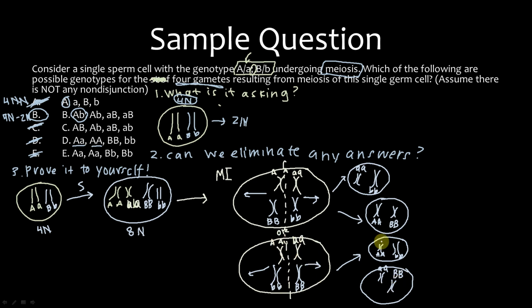Because this is this, this is this, up here, this is this, this is this. And these two things, because they're OR, don't happen together. It's one or the other. So I'm actually going to do a huge OR here. So either this happens or this happens based on the 50-50 chance of independent assortment.